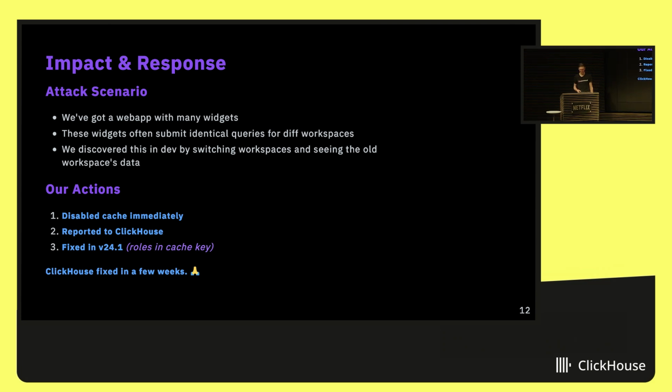So it was just a couple of weeks. It was kind of hairy, like whenever you're dealing with cache bugs, they can be kind of difficult to fix. But the fix essentially is now the cache key includes the roles, which is natural, and it preserves the security properties.